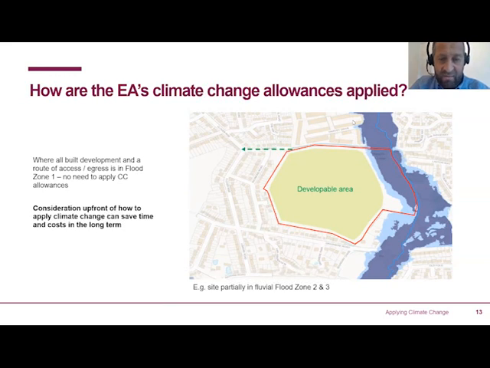However, if your development is in very close proximity to a flood extent, there may be a requirement for you to at least assess the potential risk that your site may be impacted by flooding during a climate change event. If your site is a reasonable distance from a flood extent, then you will probably not have to undertake that assessment.